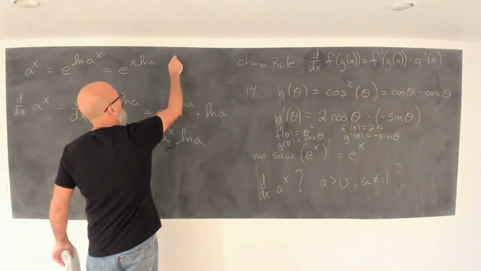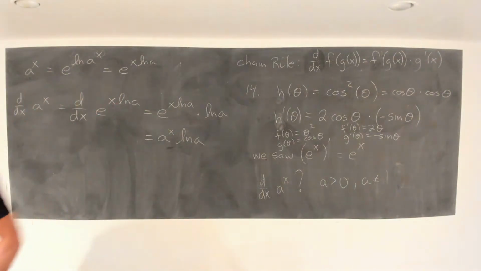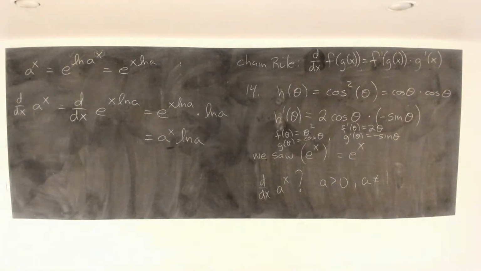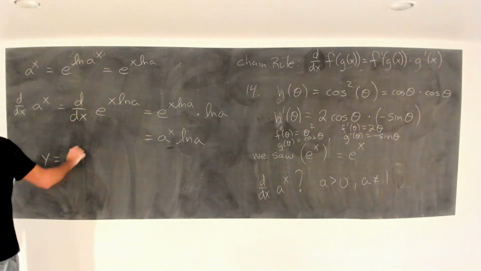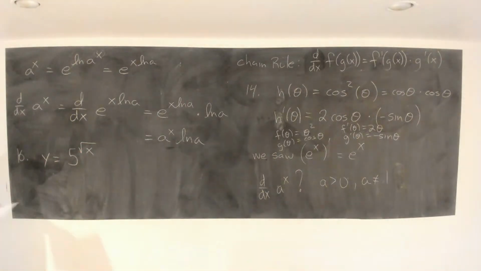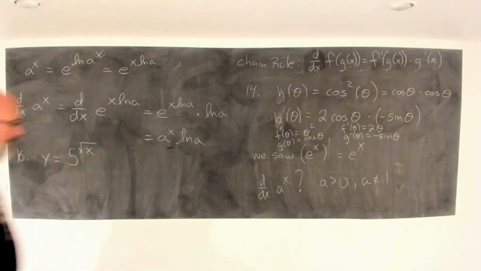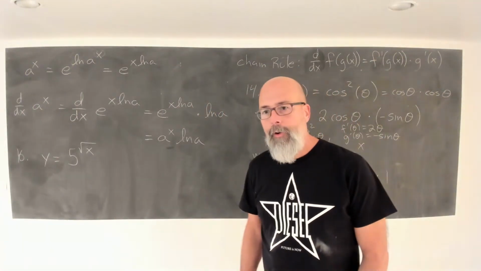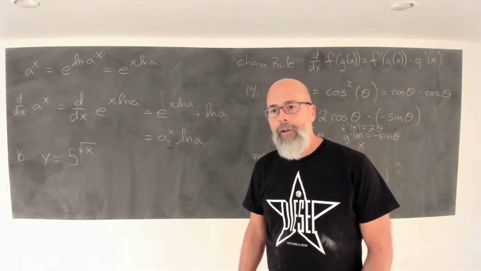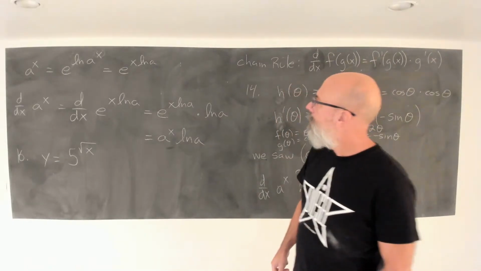So let's write that down right here. Well, let's not. How did we differentiate ln of a to the x?